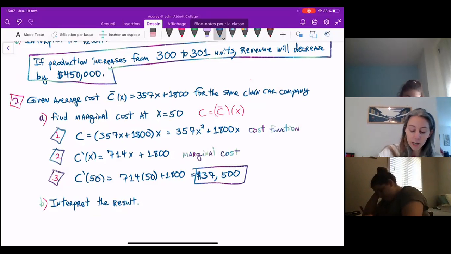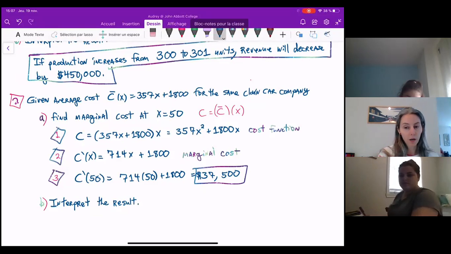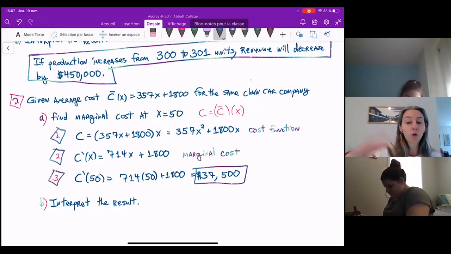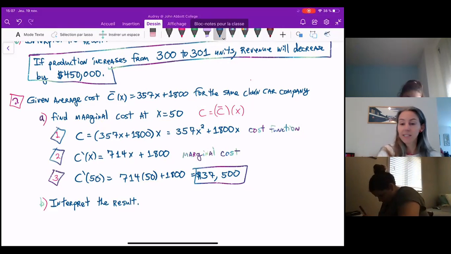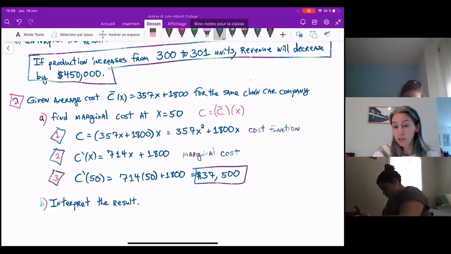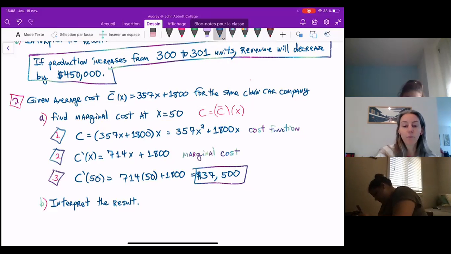So production increases from 50 to 51 units. So I want to be clear. This is not saying if we just increase by 1 unit anywhere. It's saying if we increase by 1 unit from where we are. So if I just say if we increase by 1 unit, that's not correct. If I increase from 50 to 51 units. If I increase from 53 to 54, then my marginal cost will be different. So it's specifically if production increases from 50 to 51 units.